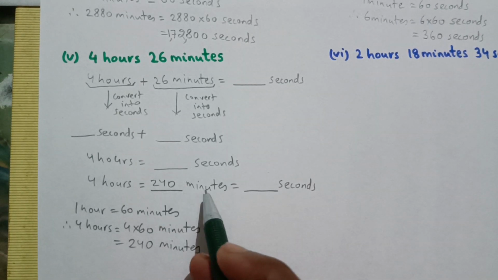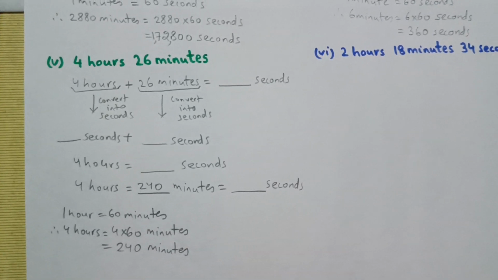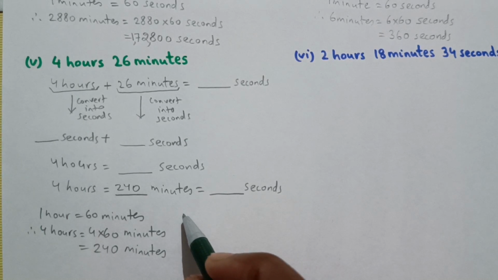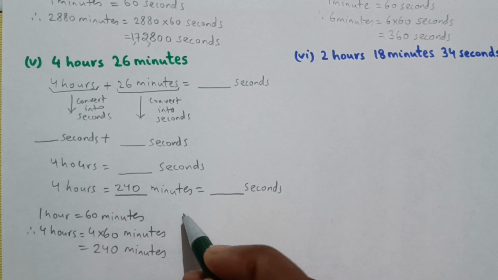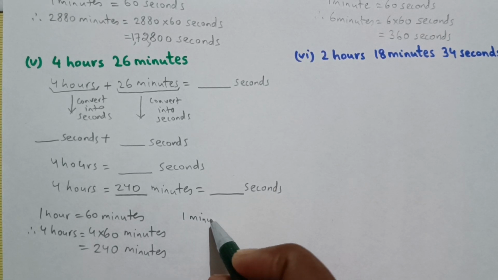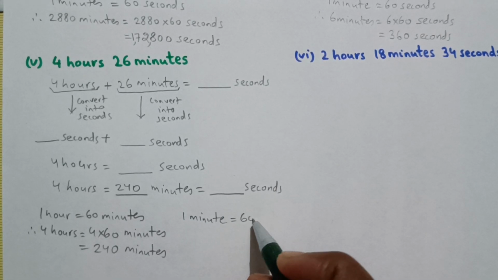Now this 240 minutes we have to convert into seconds. So 240 minutes is how many seconds? We know that 1 minute is 60 seconds.